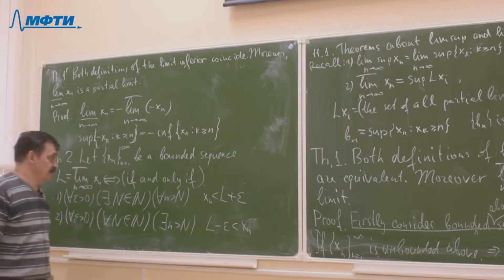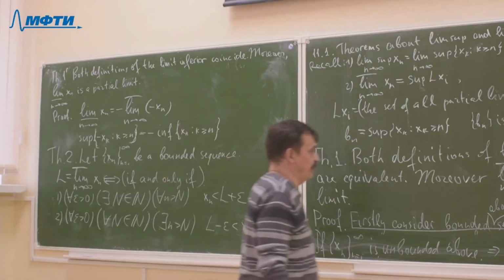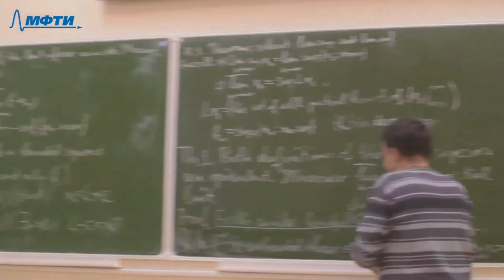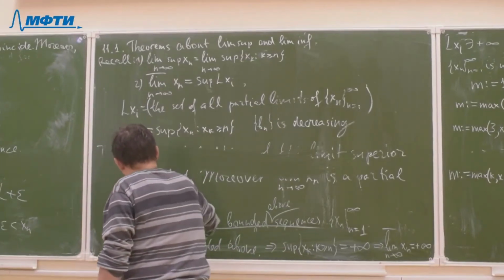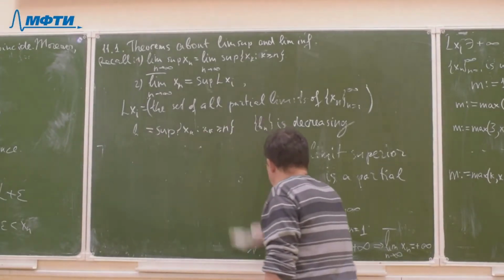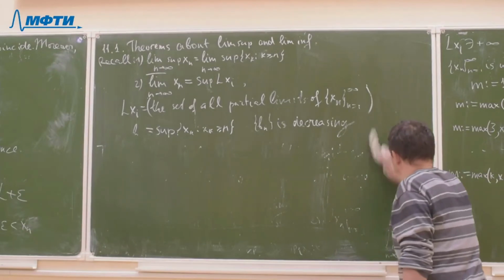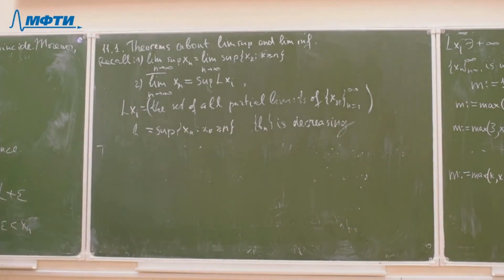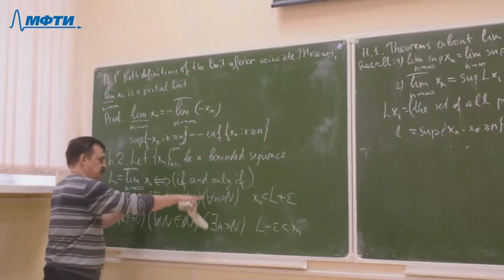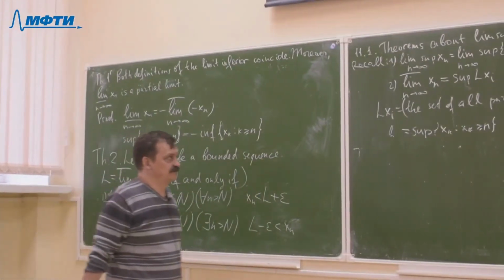So you see that the first part is a part of the definition of the limit, in fact. The second differs by quantifiers. Two quantifiers are different.